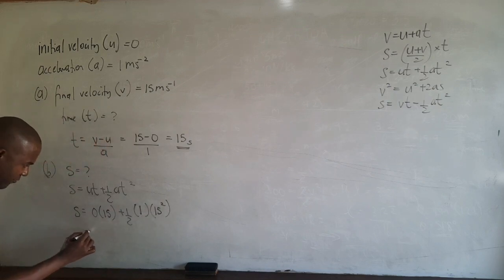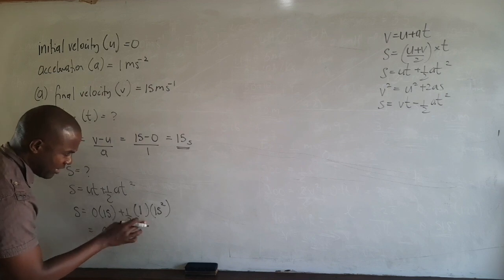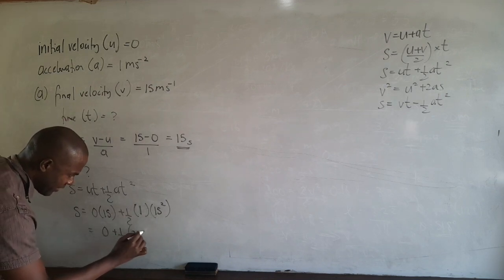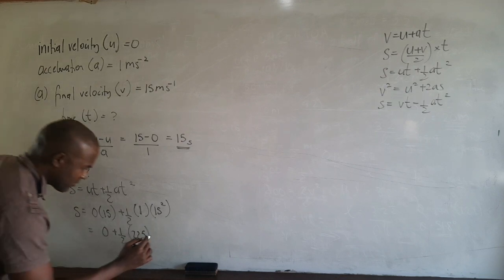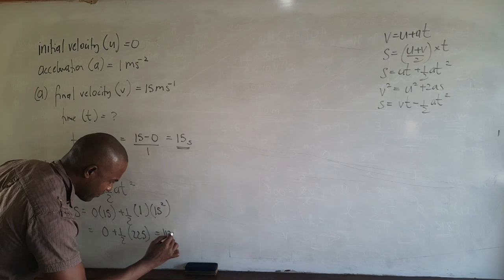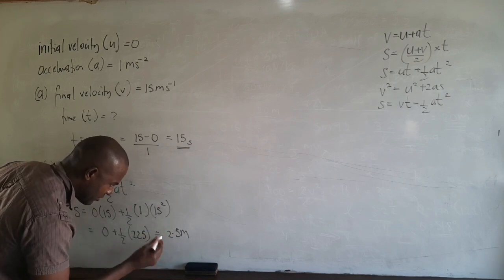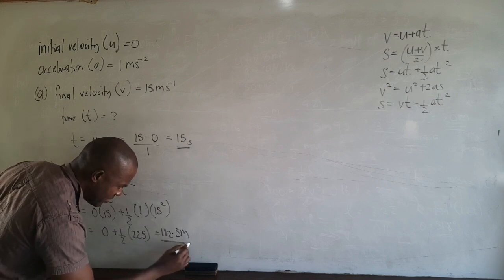So this is 0, of course. So this is 0 plus a half. Half of 1 is just a half. And 15 squared, that is 225. And so half of 225 gives us 112.5 meters. So the distance traveled during this time is 112.5 meters.